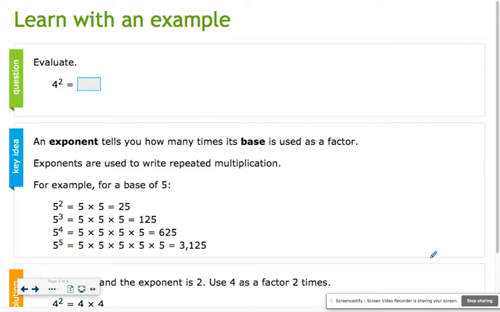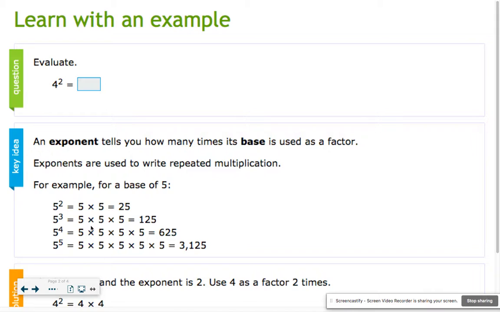We have a base of 5. 5 squared, which you can see right here, is really 5 times 5. 5 times 5 is 25. 5 to the third, or 5 cubed, is 5 times 5 times 5.